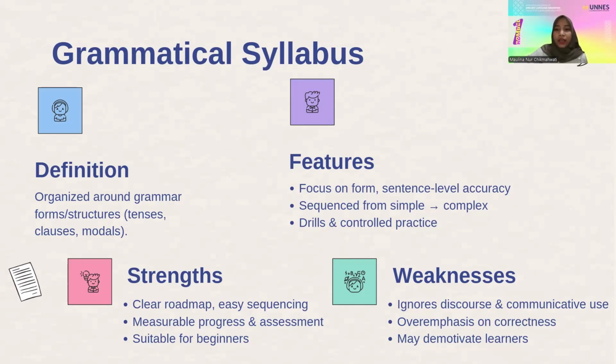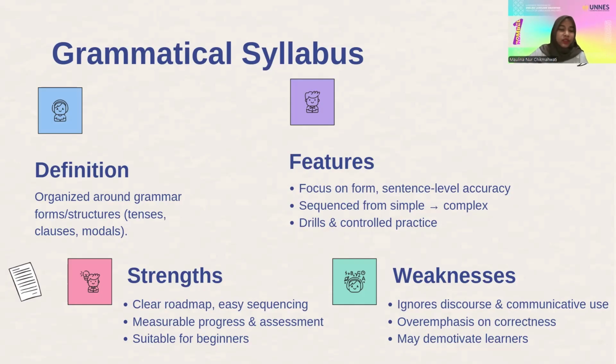Teachers and learners have a clear roadmap of which grammar structures will be taught and when. This makes planning, course design, and assessment easier to do. Grammatical syllabus also shows measurable progress and gives measurable assessment too. Because structures are discrete, you can measure if students have mastered a given grammar point. It lends itself to testing grammar knowledge.